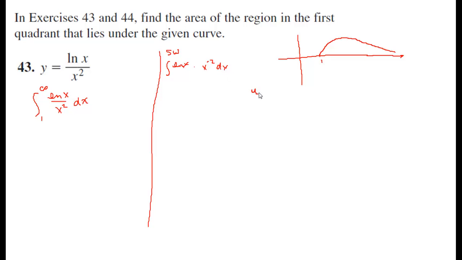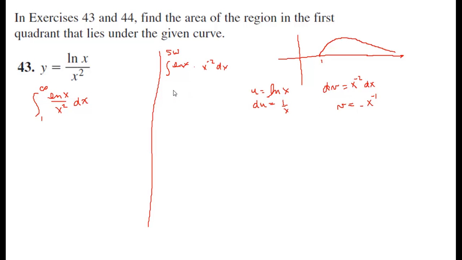I believe the best way to do this is integration by parts, where u is the natural log of x, dv is equal to x to the negative 2 dx. du is equal to 1 over x, and v is going to be equal to, let's see, add 1 to the exponent, reciprocal.